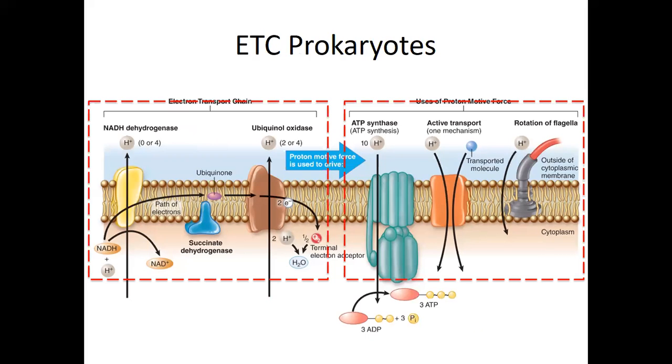And then to power your flagella, remember we talked about that, the proton gradient powering the flagella. So your proton gradient you're using for one main function. Their proton gradient can be used for potentially 3 different functions.